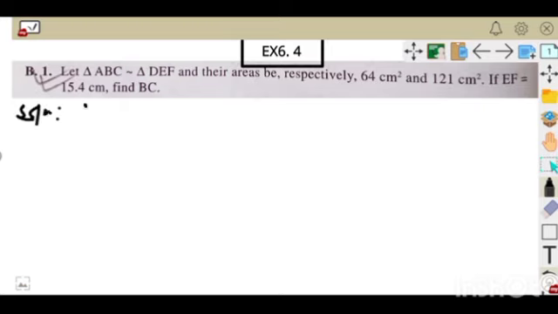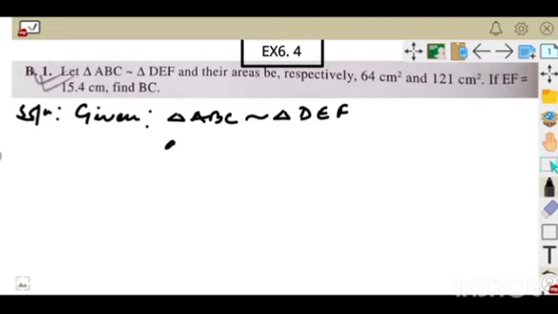First I'll write the given. In the given we have to write triangle ABC is similar to triangle DEF. Next we write the area of triangle ABC, which is 64 cm².